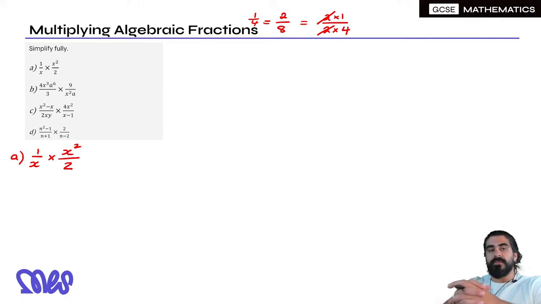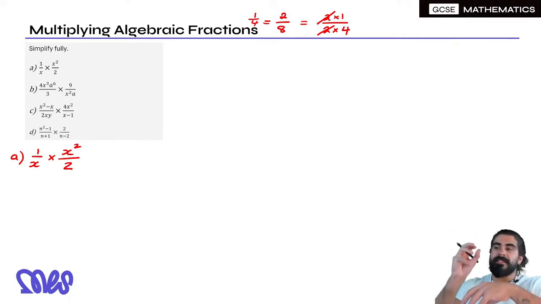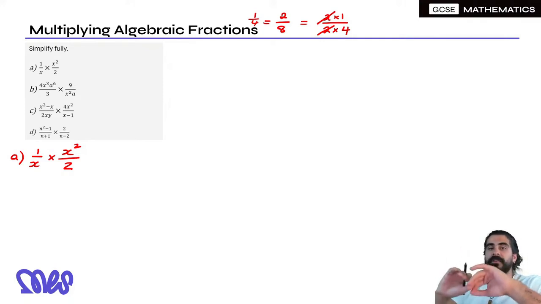So basically what we're doing when we simplify by multiplying, we observe the top and we say, is there anything in the top that is the same as the bottom? If there is, we can cross them out. And it doesn't matter if they're on different fractions either. So in this case, this is where I'm going to write the long way.